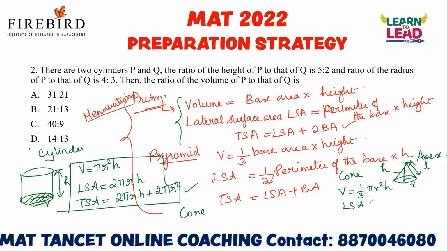And lateral surface area is equal to 1 by 2 into perimeter of the base, which is 2 pi r, into slant height. So in case of pyramid, you should remember here you should enter a slant height. Slant height is L. And total surface area, see, the value for cone is pi RL. Total surface area is lateral surface area pi RL plus base area pi R square. So it is very simple. If you remember these 6 formulas, you can easily write the formulas for the remaining.